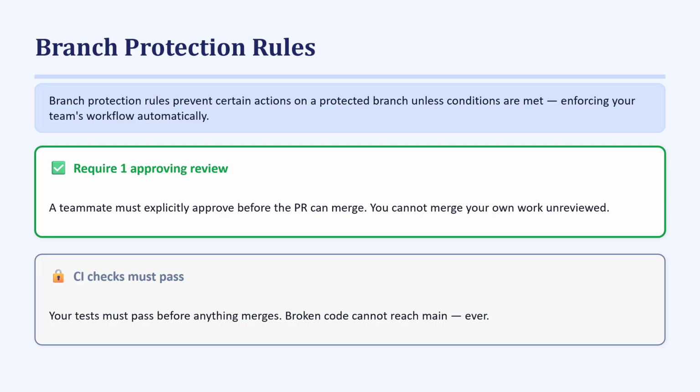The required review creates accountability, someone's name is on every approval, and later as we move into those continuous integration checks, those are going to have to pass before merging, so you make sure that all of your tests run, and broken tests means that bad code never reaches the main.